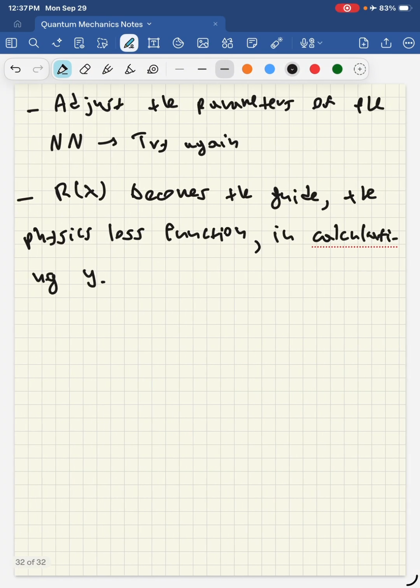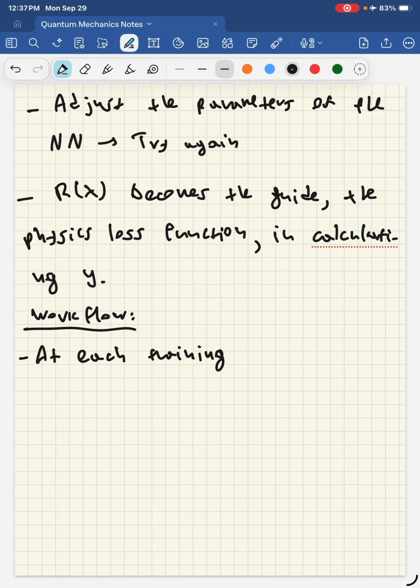Okay, so the workflow is the following. At each training step, we do 2 forward passes.